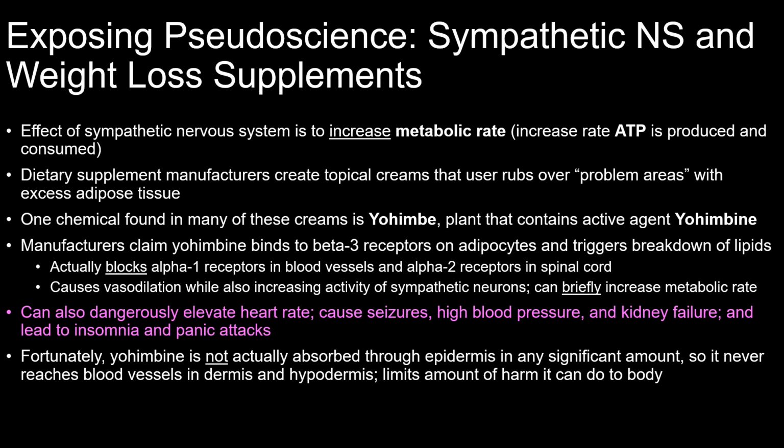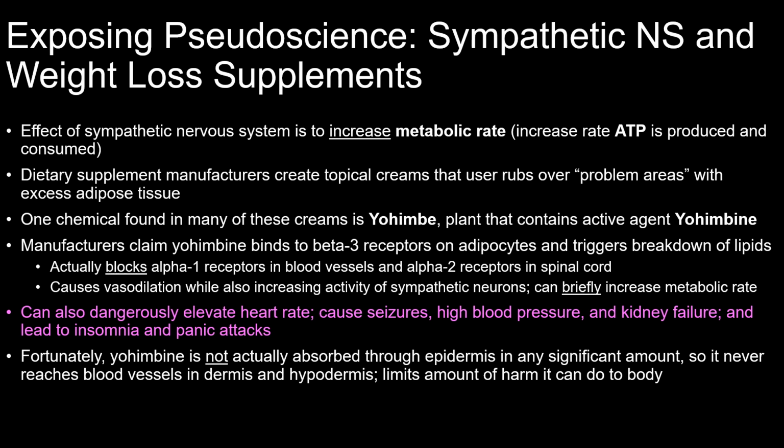Now, as I previously told you guys, one effect of the sympathetic nervous system is that it increases metabolic rate. And so this increases the rate at which ATP is produced and consumed. Now, this has led to some shady dietary supplement manufacturers creating products intended to result in weight loss by capitalizing on this effect.